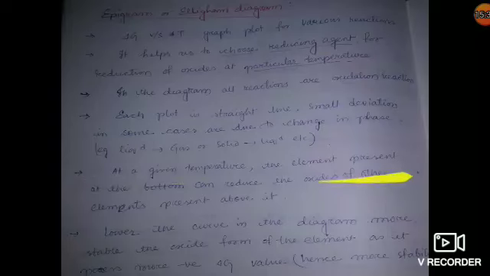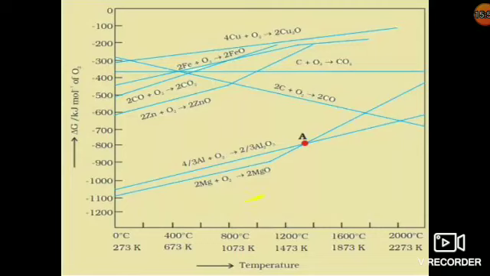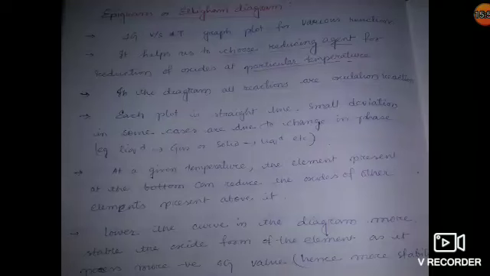At a given temperature, the element present at the bottom can reduce the oxide of other elements present above it. The lower the curve in the diagram, the more stable the oxide form of the element, as it possesses a more negative delta G value. So in this graph, magnesium oxide will be much more stable because its delta G value is the most negative. So these are some facts about the Ellingham diagram.